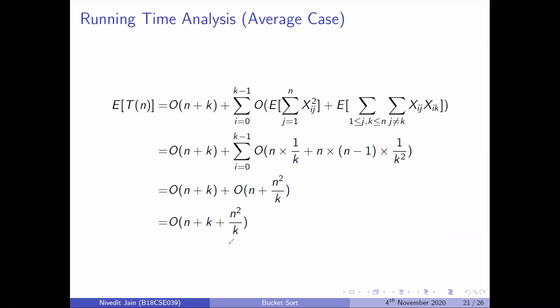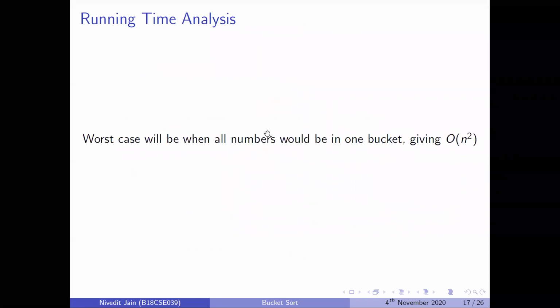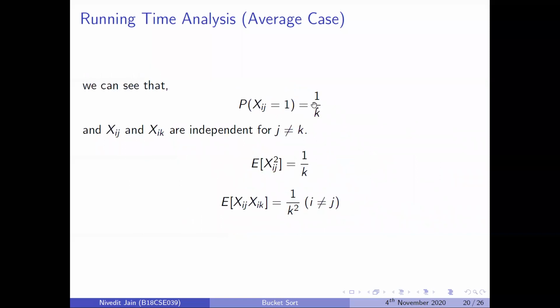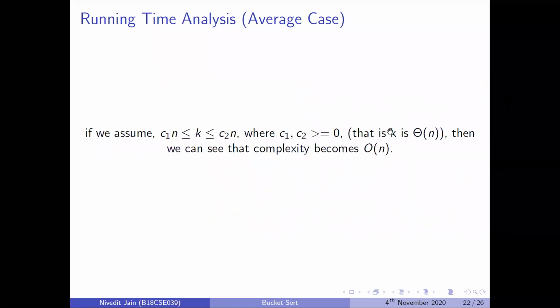So this is what Cormen has done. They've used that pseudocode to give the time, where k is equal to n, so they have got the time O of n. As we said, if you put k in any theta of n, your average time complexity becomes O of n.